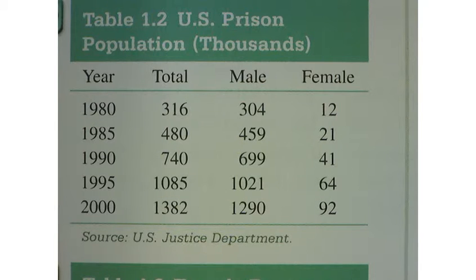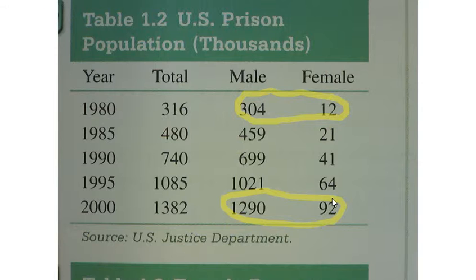So now, if I look at this, the question that they asked us was, is the proportion of female prisoners over the years increasing? So now, in order to do that, we're going to look at the proportion of male to female here, right? And then compare it to here.